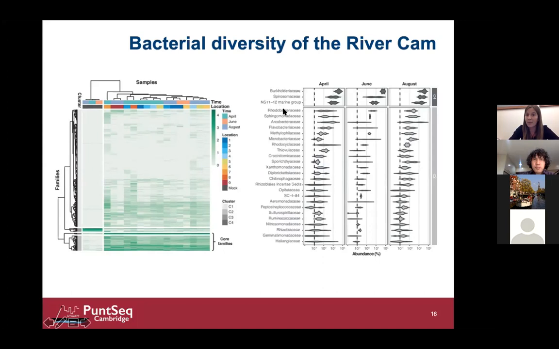All bacterial families that include genera like Limnohabitans, Rhodoferax, Aquabacterium, that are all very well-known freshwater bacteria, which shows us that at least the main bacteria that we find make a lot of sense, that they occur in freshwater because they have already been known to do so.